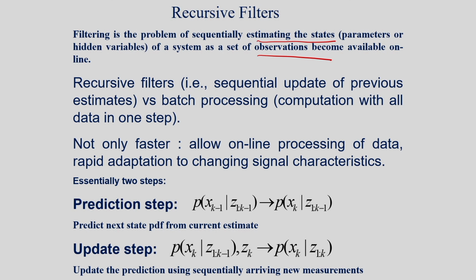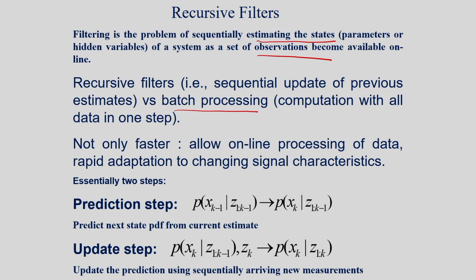Recursive filter is the sequential update of the previous estimate. But if I consider batch processing, it is computation with all the data in one step. So, that is the difference between the recursive filter and batch processing.